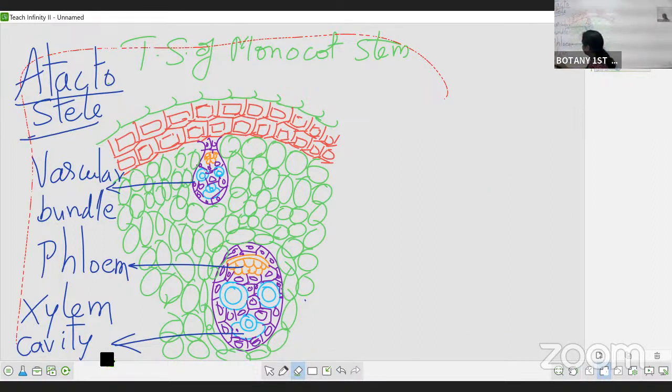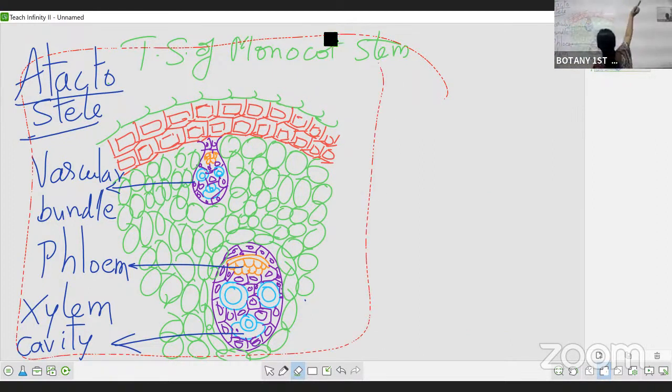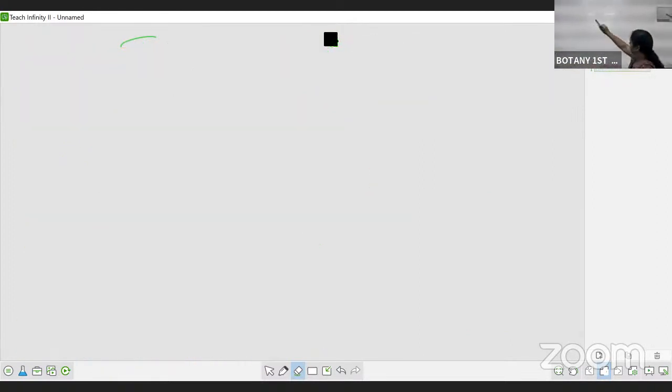And in this, don't forget to say about the metastele condition. That is the most important one in the monocot stem. Okay, and after this, we have finished the maximum. Only the dicot stem was left out. In the dicot stem, how to make this?